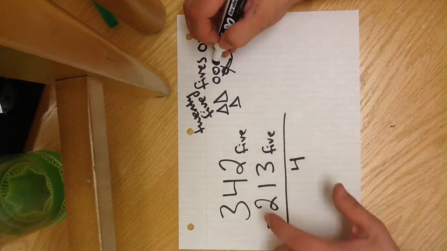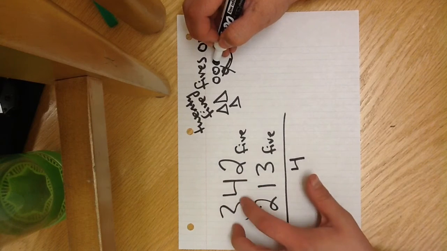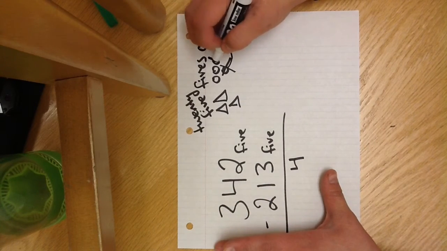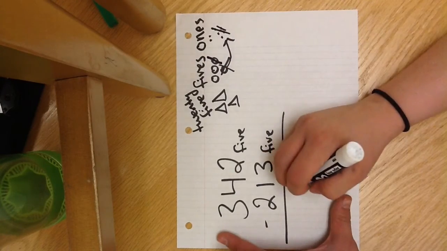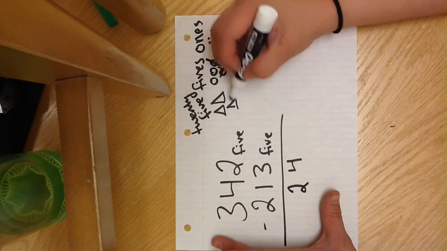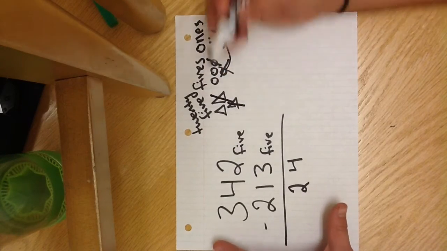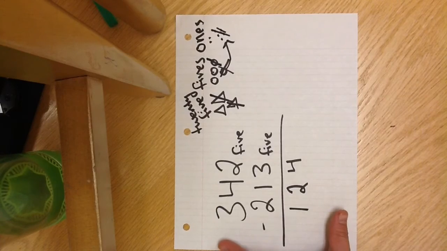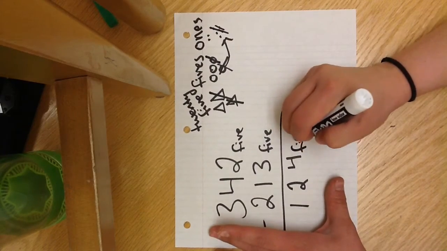And 3, we have to subtract 3, which really isn't 4 anymore. 3, we're going to subtract 1 from that. So if we're going to cross out 1, we're left with 2. And then we have 3 over here, and we're going to take 2 away, and we are left with 1. So we have 124 base 5 over here.